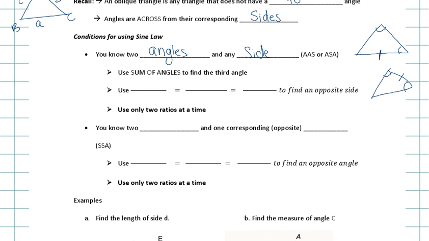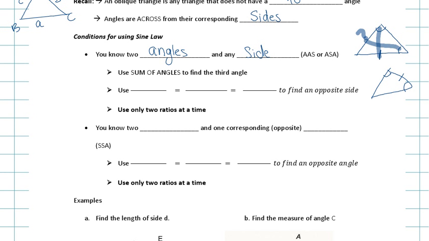Now, in this case, I'll be solving for another side. If you look at this, I have angle, angle, side, right? I have the angle and its opposite side, so I'll be solving for this one. I'll show you what ratios we have to use, but you always have to have an angle and its opposite side, and then you have another angle, and you're looking for the opposite side.